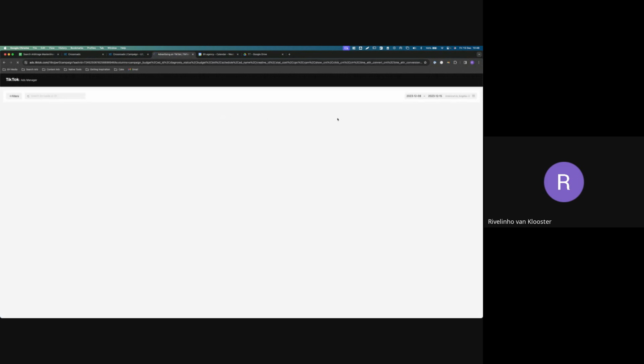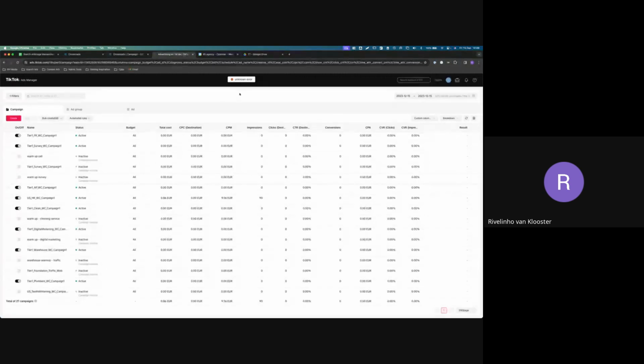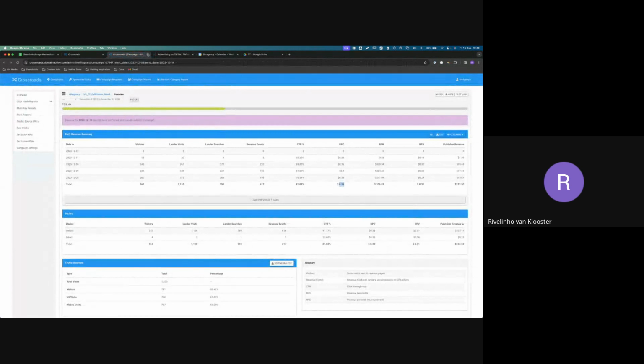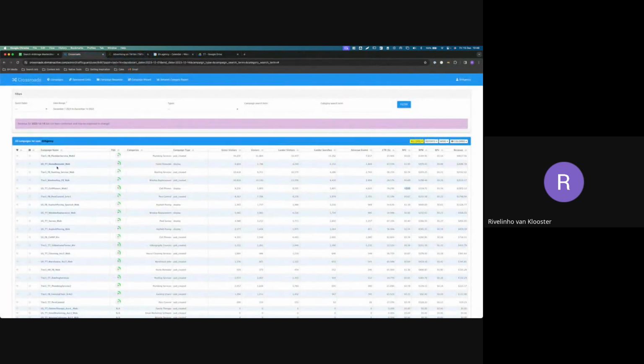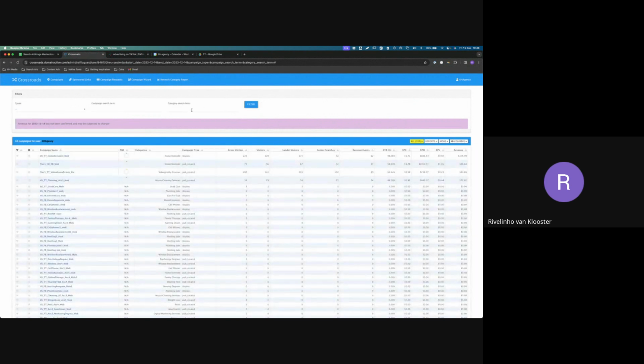Search account 5, that's an interesting one. There is the home remodel one. I go a little bit all over the place, so just bear with me. If you've got a lot of campaigns or a lot of verticals live, everything is with the naming convention, TikTok or Facebook.